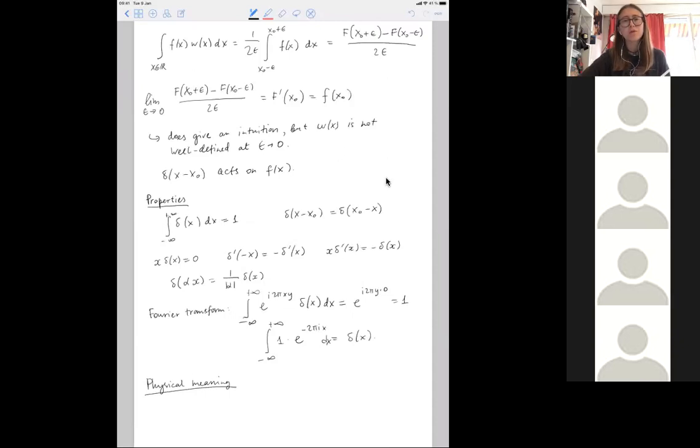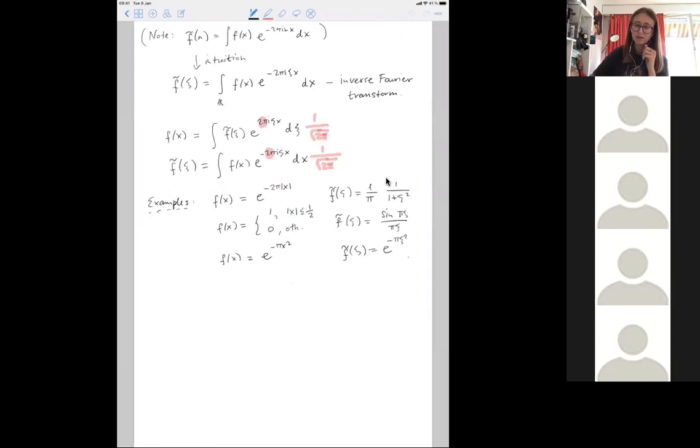Okay. So the question is, the problem here is that this holds for any constant in the exponent, not just 2 pi. Okay, this is not true. This comes back to this comment that I made here. The Fourier transform is defined up to this factor here.